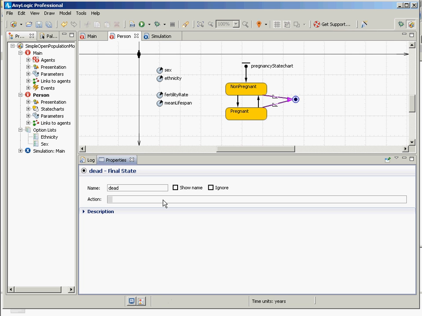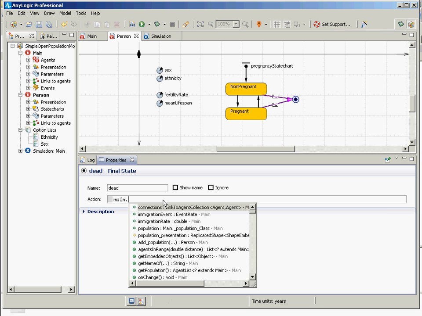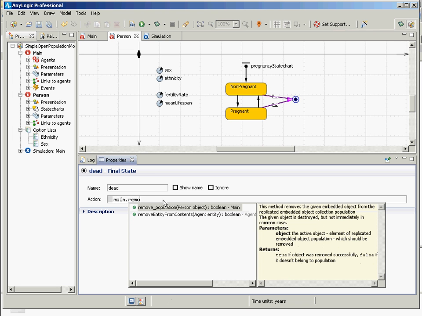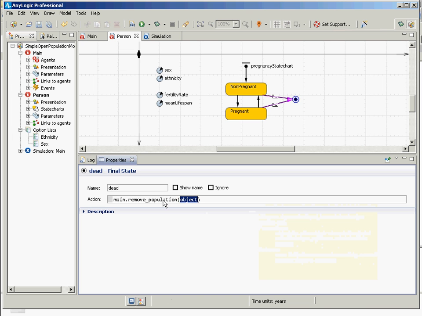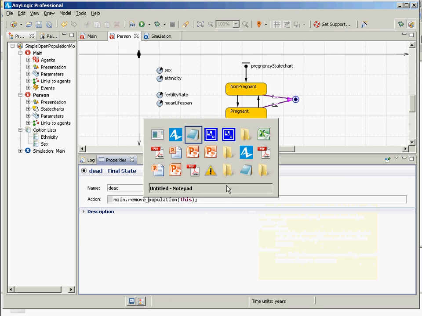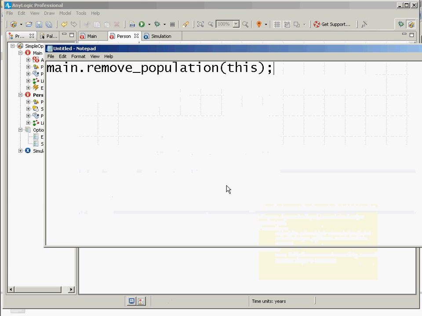So in order to do that, we can refer back to the population up in Main and tell them remove me. So this is what we're going to have to do. When people die here, when they enter this state, we're going to remove them from the population.